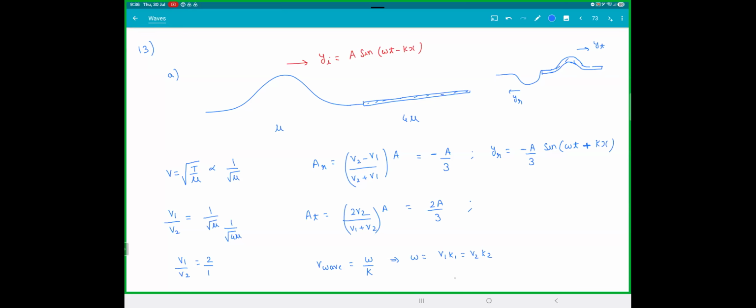And I know v1 by v2 ratio is 2:1. So 2 times k is equal to k dash. That's the relation there. So for y transmitted, amplitude is 2A by 3. Sine, frequency will remain the same, so omega. The wave is going to the right side, minus sign. The k value has changed to 2k, so 2kx.